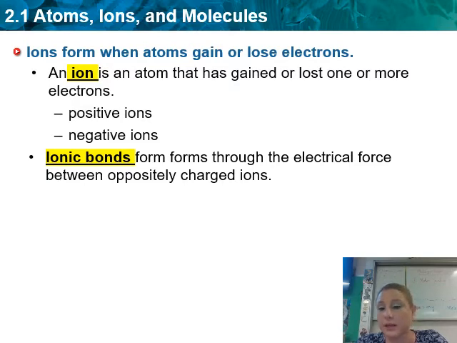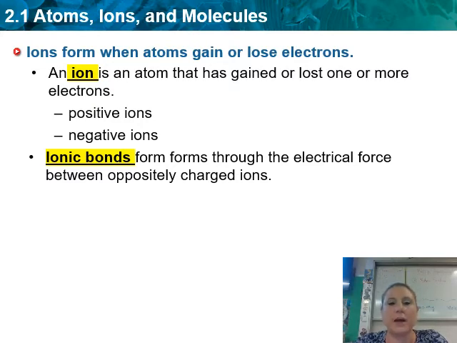So if it's going to give away an electron or gain an electron, it's going to change the charge of that atom. So an ion is an atom that has gained or lost one or more electrons. And I like to think that ion starts with an I, because I'm going to take or I'm going to give an electron. Okay, so we have positive ions and negative ions.